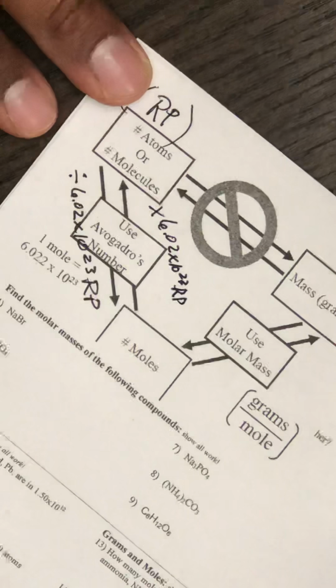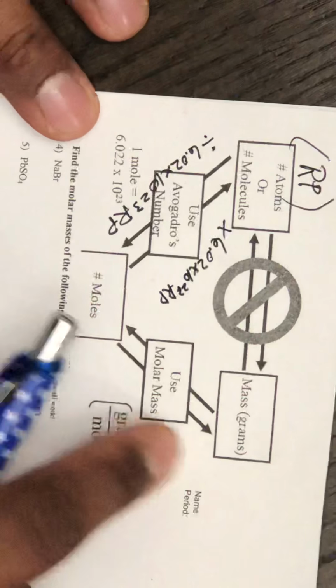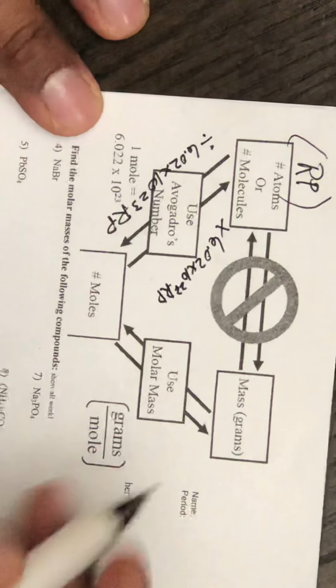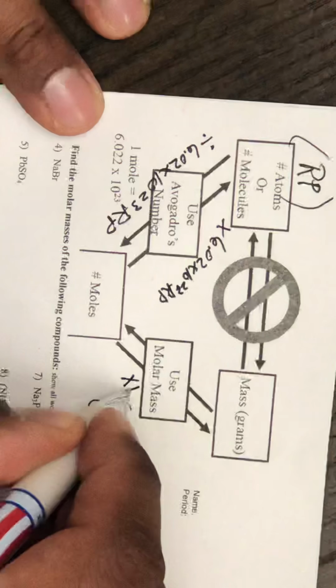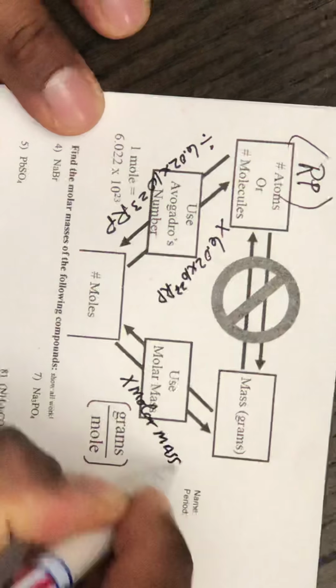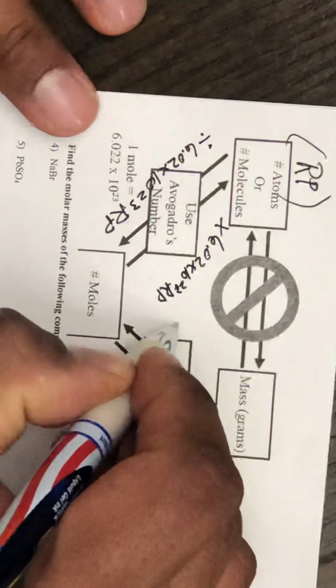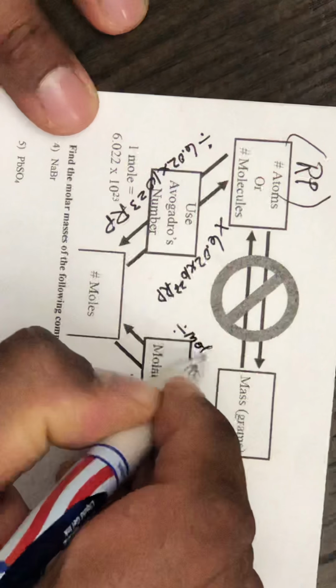Yes? All right, now here's the molar mass. It's grams per mole. If you're going to go from moles to grams, right here, you have to multiply by the molar mass. If you want to go from mass to moles, you will have to divide by the molar mass.